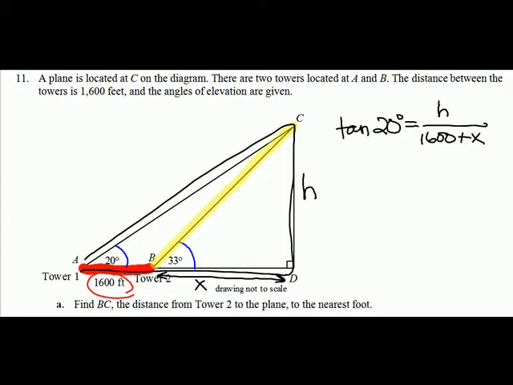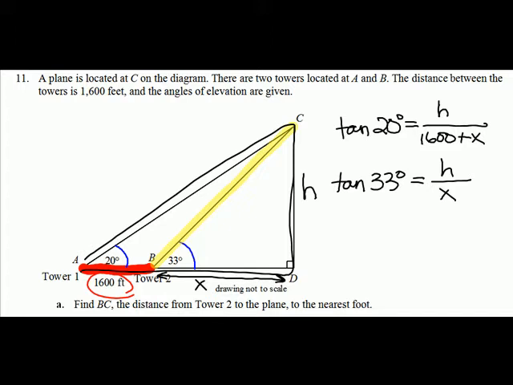And then I could write a second equation. For the smaller triangle, now looking at this smaller one, tangent would be opposite over adjacent. Does that make sense?